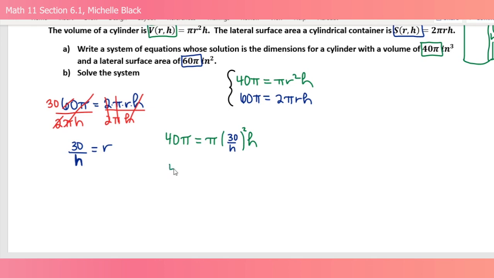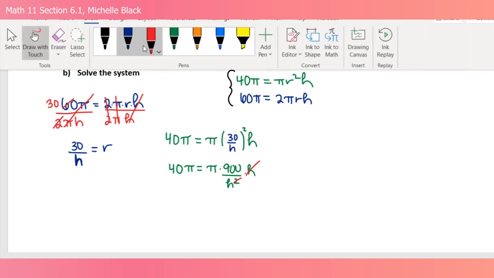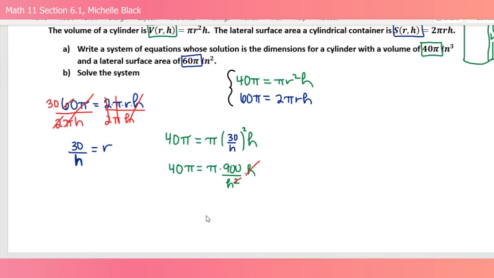All right, so I have 40 pi equals pi times 30 squared, which is 900, over h squared times h. The h's will simplify, so I have one h on the top and two on the bottom, which just leaves 1 in the denominator.